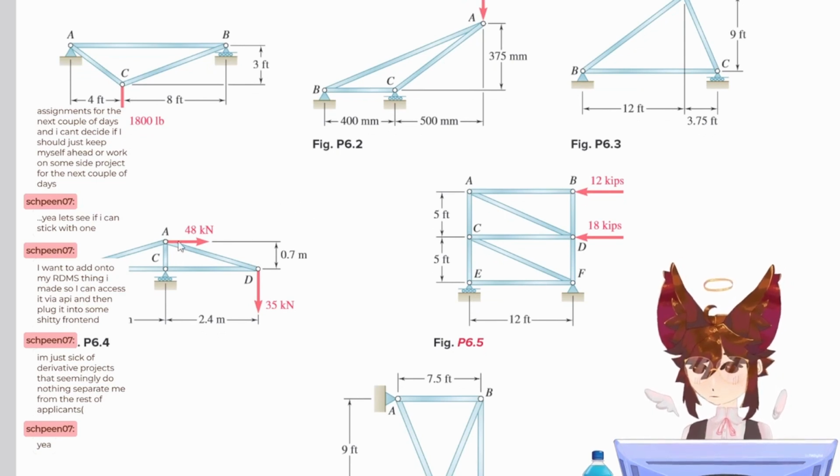Now this one, let's see. So at this joint here, no, that one has to be there. And this one comes across here, and there's a component here, and there's going down and up. Yeah, that's not a Zero Force member. All right.